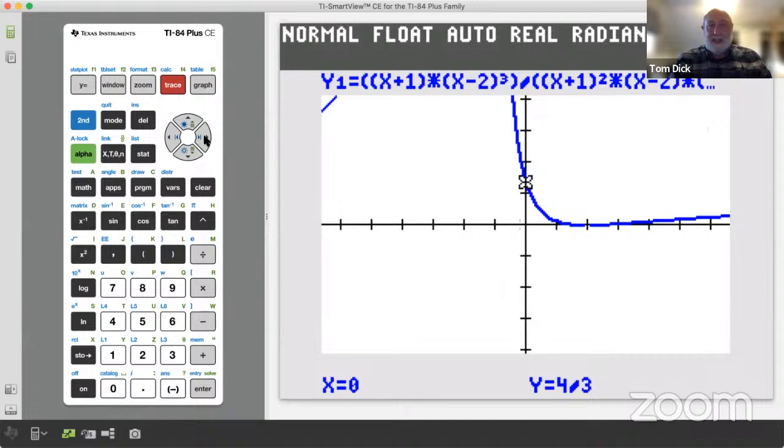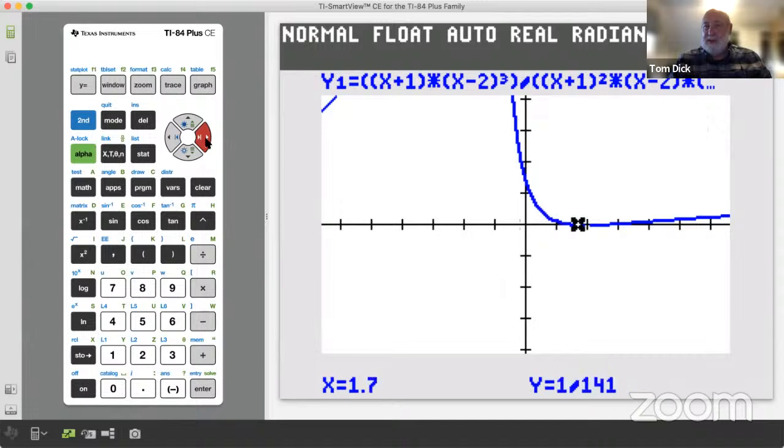Let's see, Steve, I think he said something about a hole at 2, 0. Yes, sir. Let's trace over there. And you can see all these various fractions that we're getting. Okay, I'm getting close.